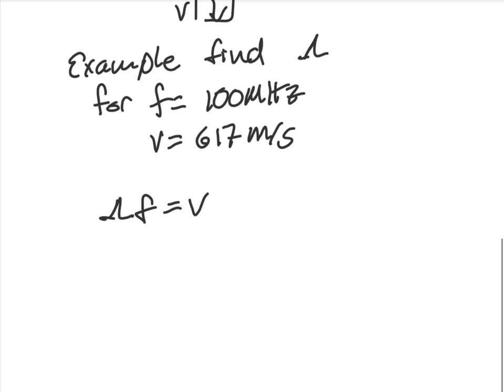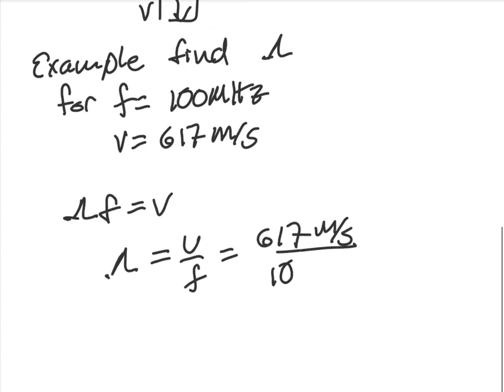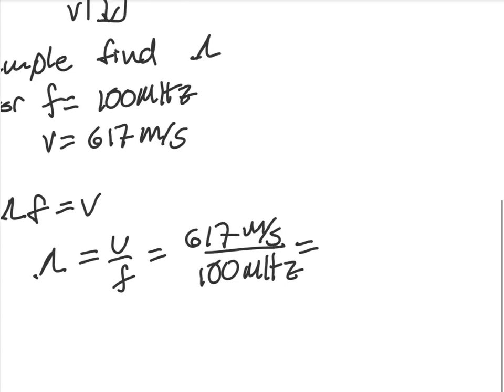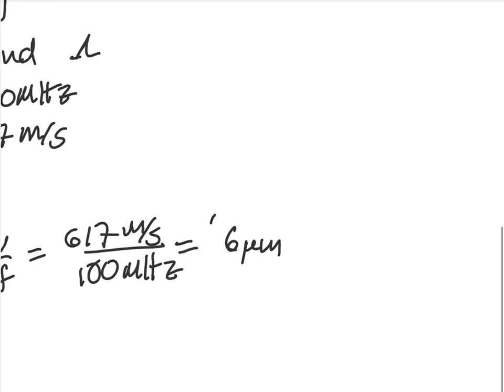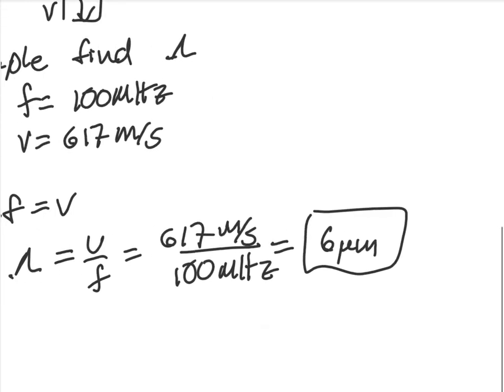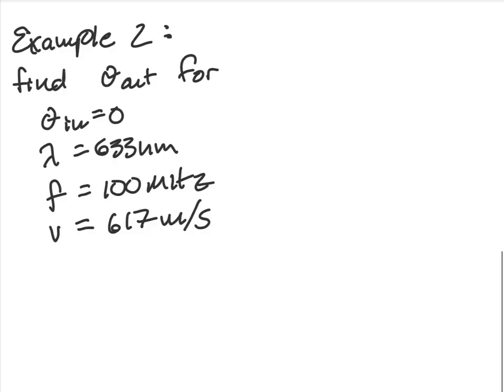We just take our lambda F equals V equation, solve for big lambda, we get 617 meters per second over 100 megahertz, plug it into our calculator, and we get 6 microns. That is the spatial period of the acoustic wave traveling through the acousto-optic modulator.